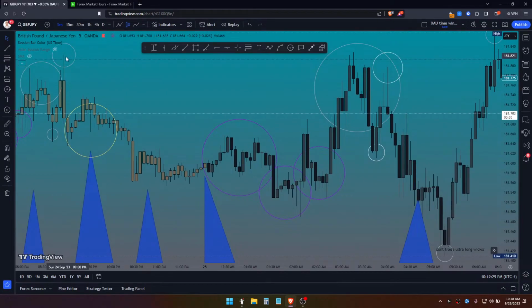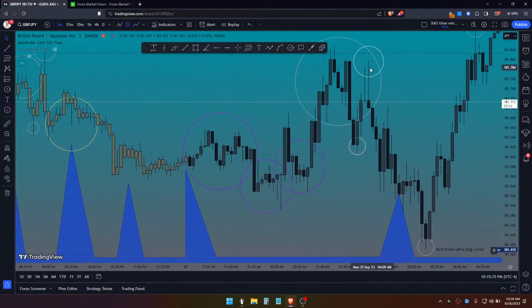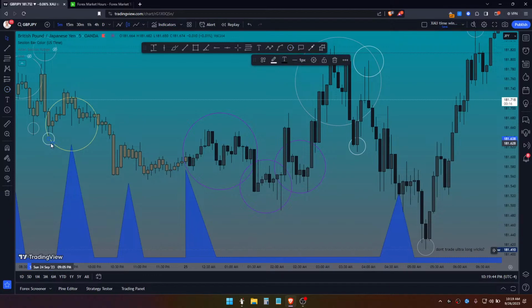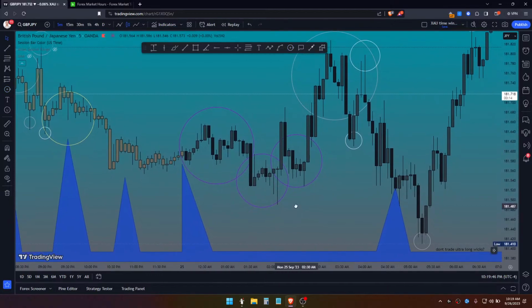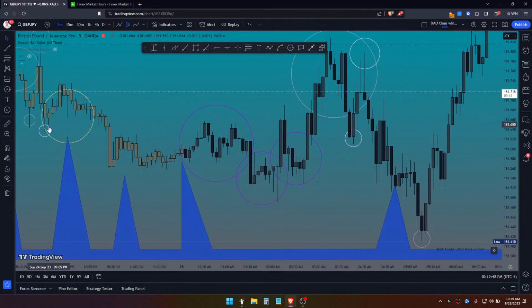After the big move up there in the white circle, looks like a big move down. White circle, big move down. So now we're here at this white point, at the big move down.